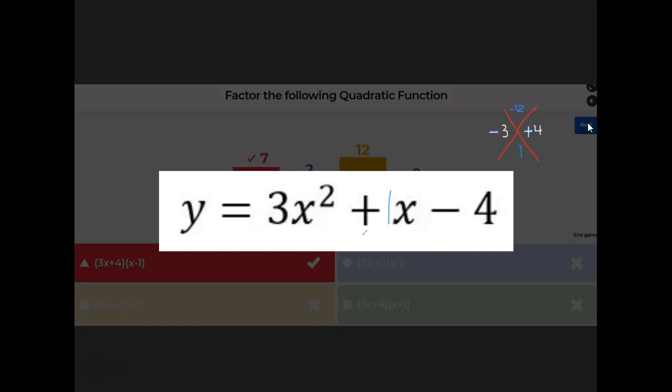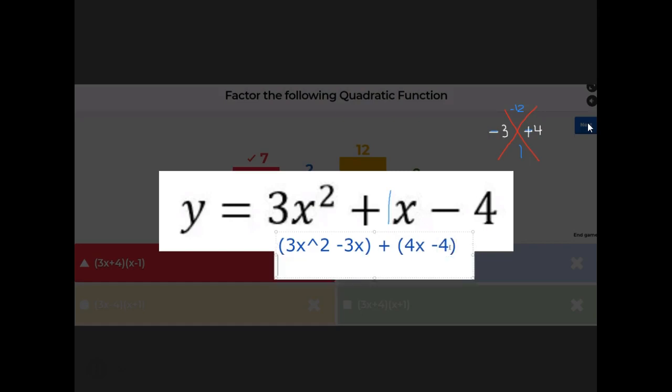Then you're going to replace the middle term here with those terms. So you have 3x squared minus 3x plus 4x minus 4. You're going to group the first two terms together. You're going to group the last two terms together. And then you're going to take out the GCF.